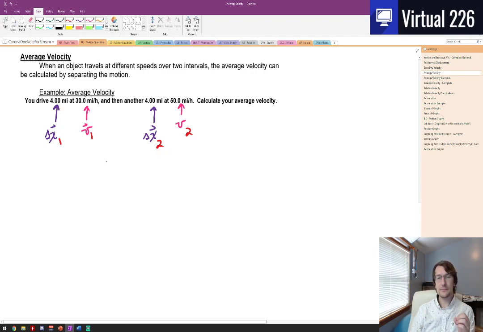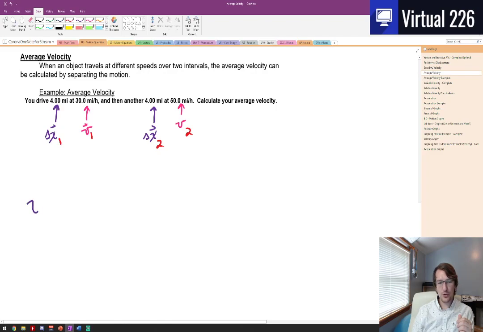Now, in order to figure out the actual average velocity we have traveled here, what we're going to want to do is take all of our various displacements and divide them by the amount of time it took to do this. So this makes this problem a little bit of extra work for us, but it's not too bad.